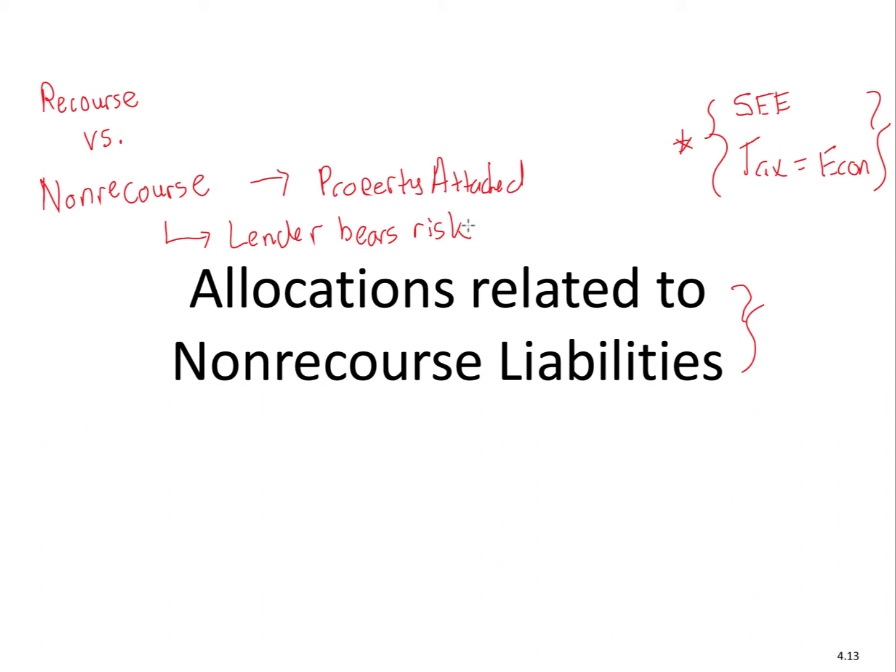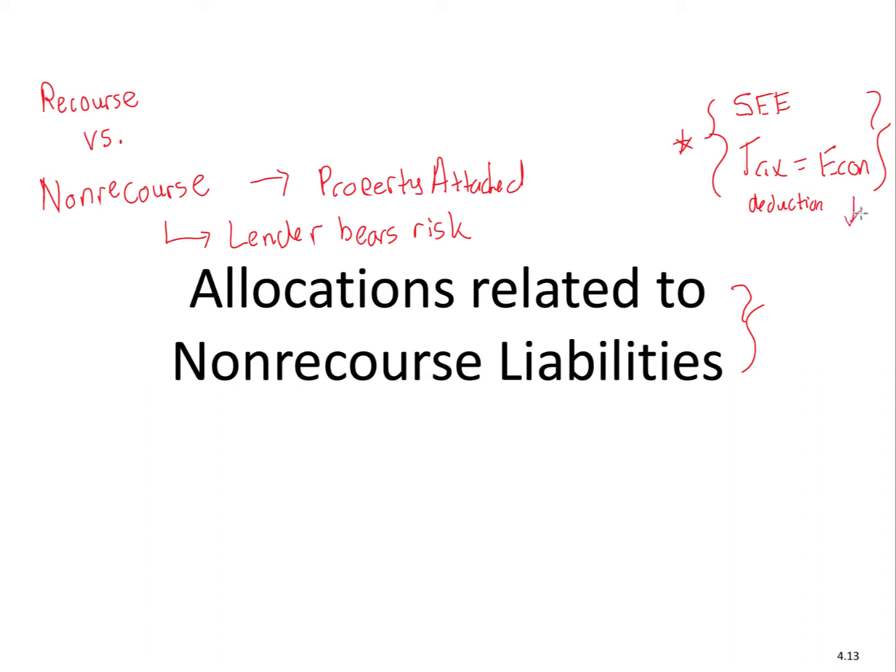Because, as I said, and I'll say it again, the underlying principle on which all partnership allocations are based is that the tax deductions must be allocated to the person who bears the economic burden with respect to that item, the risk.